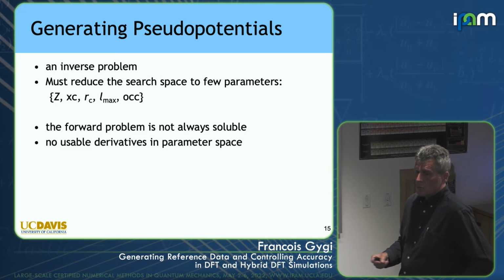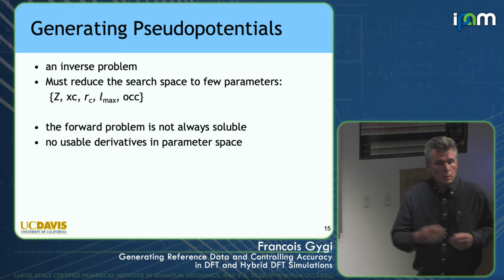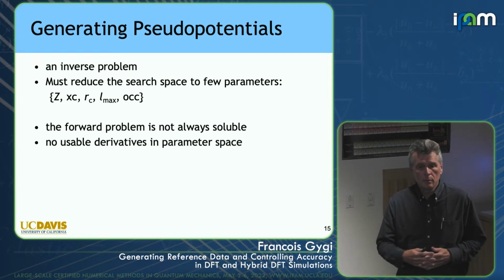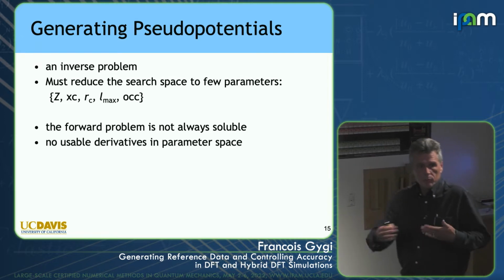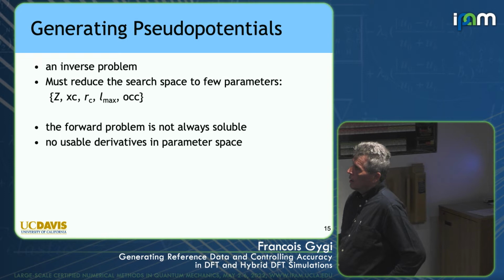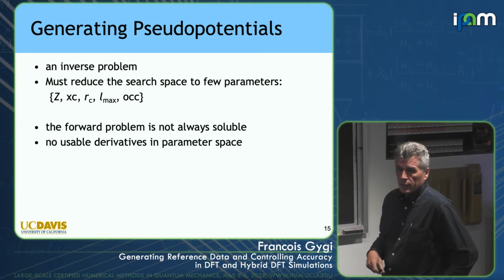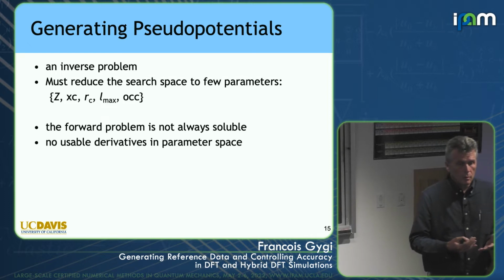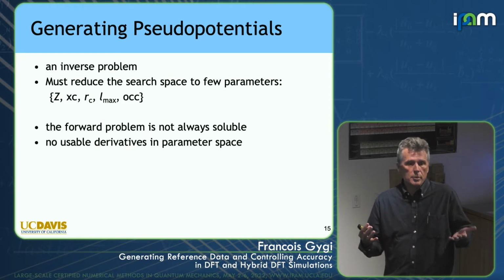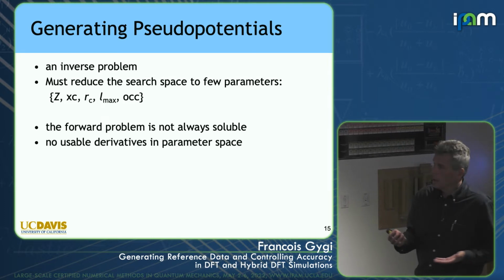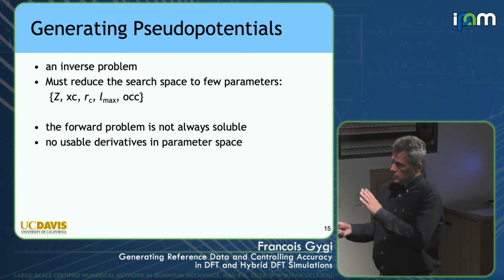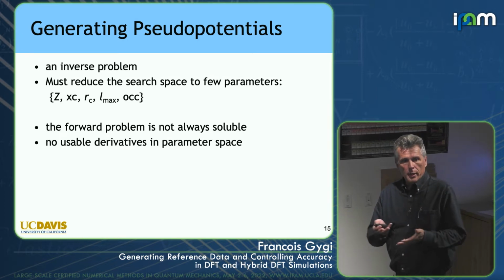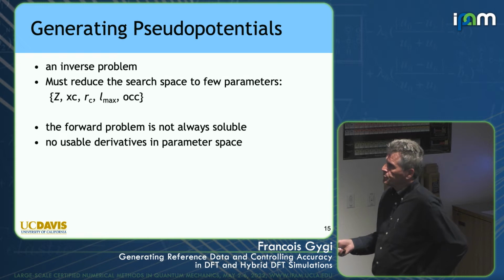You also have to choose up to what angular momentum you're going to be describing things correctly, ideally infinity, but in practice you have to limit yourself. And then the occupation here is what's the charge of the atom that you're representing. Neutral is one choice, but it's not the only choice, right? So these are the parameters that we have to try to generate a pseudopotential.